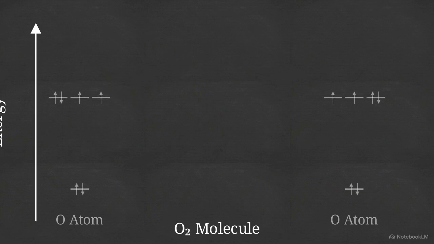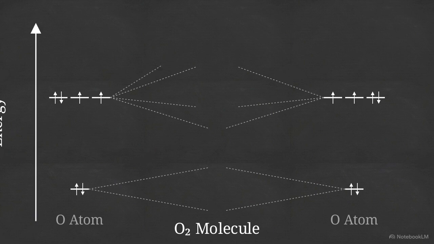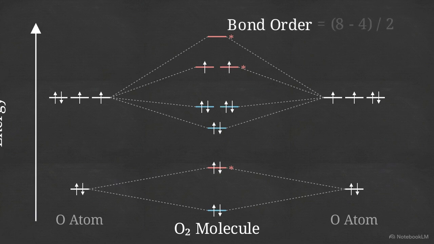Molecular orbital theory argues that atomic orbitals don't just overlap, they merge entirely to form new molecule-wide orbitals. As the diagram populates from the bottom, this creates lower-energy bonding orbitals that hold the atoms together, and higher-energy anti-bonding orbitals that push them apart. You calculate the overall bond order by taking the bonding electrons, subtracting the anti-bonding electrons, and dividing by 2.